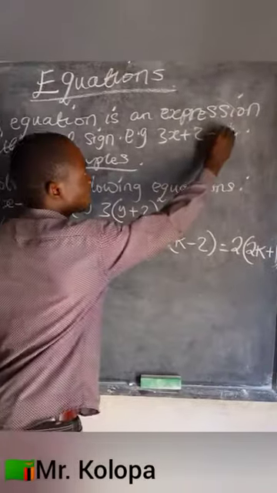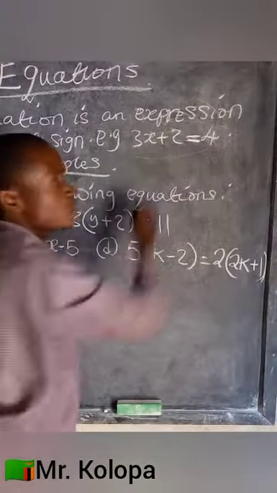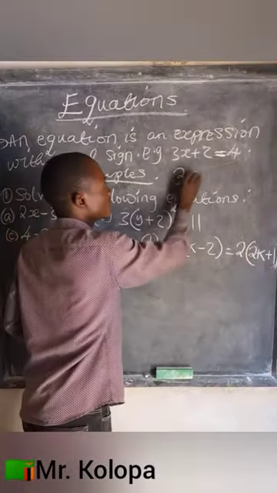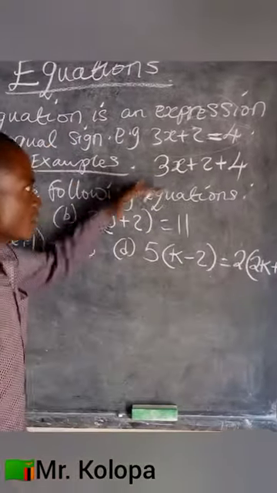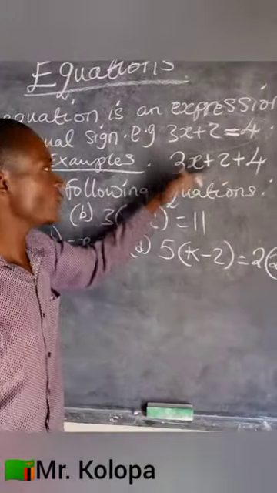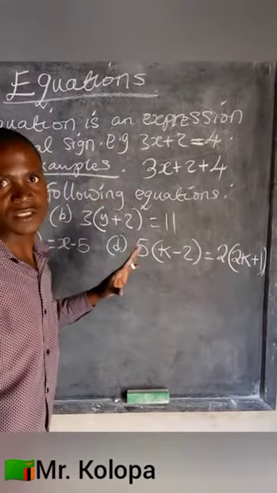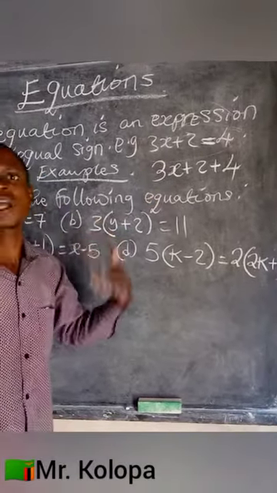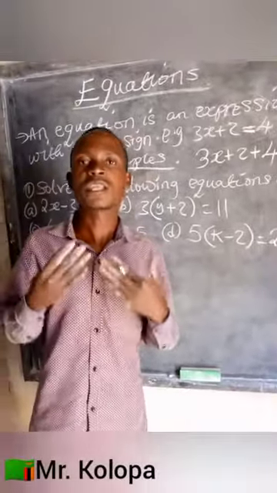This equals sign is what makes the statement an equation. So if we had just something like 3x plus 2 plus 4, this is not an equation. Why? We don't have the equals sign here. So if you have an equal sign, that makes the statement an equation. Wherever you see an equals sign, they are talking about an equation.